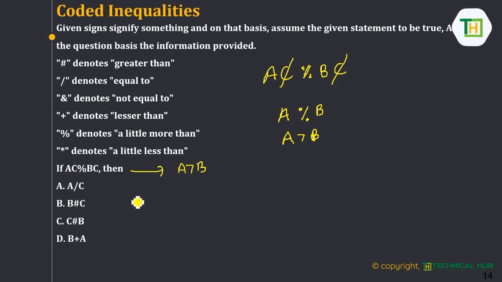Coming to the options, A percentage C means A equals C. Option B, B hashtag C means B greater than C. Option C, C hashtag B means C greater than B. Option D, B plus A, where plus means lesser, B less than A.